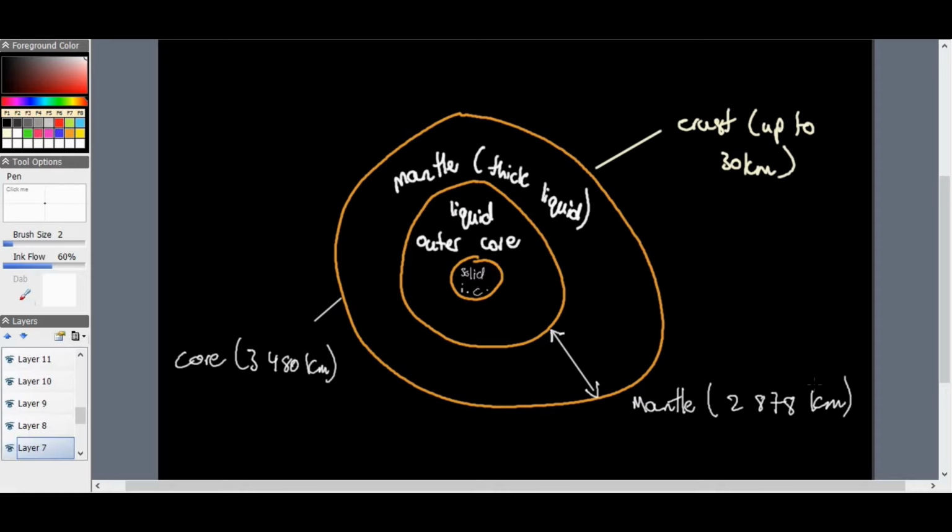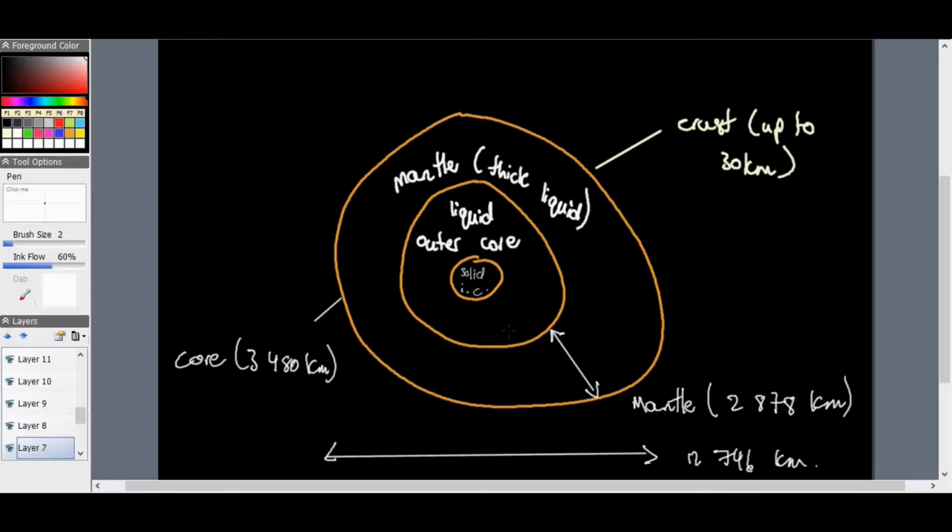Quite far. And from about this point all the way through to about this point, that's roughly 12,746 kilometers. Now, this is just a depiction of what's happening.